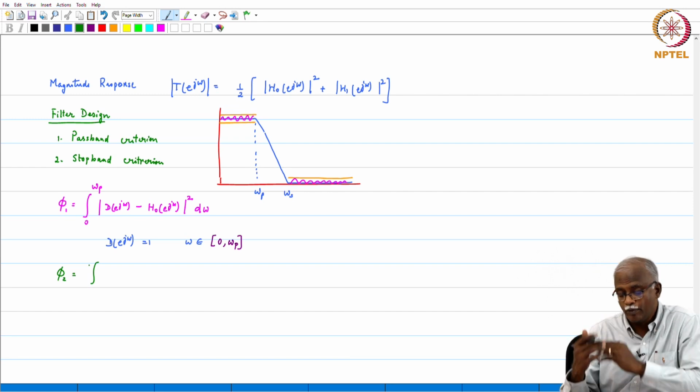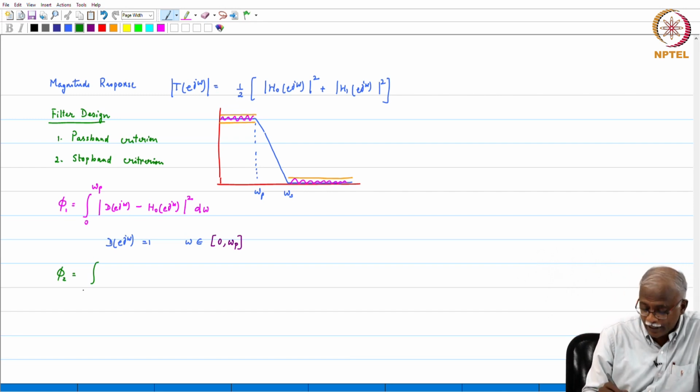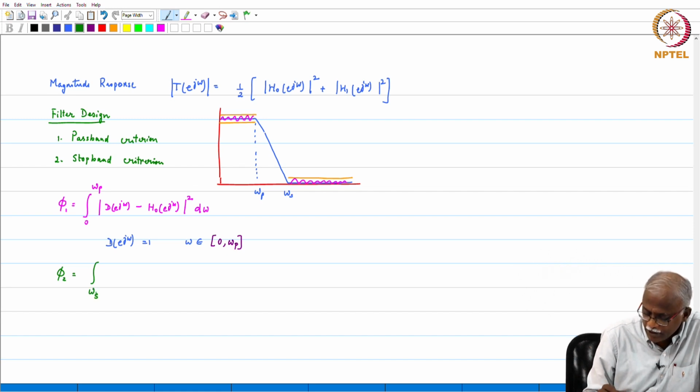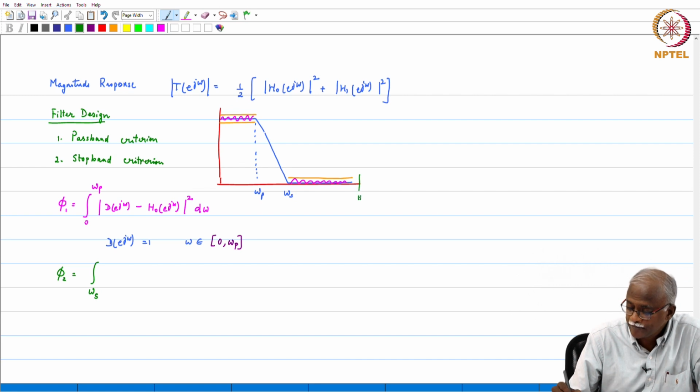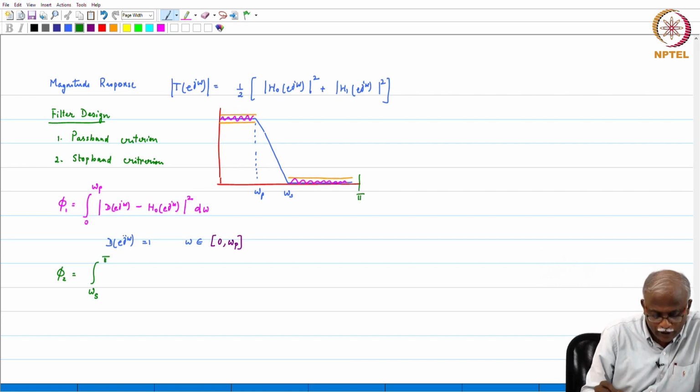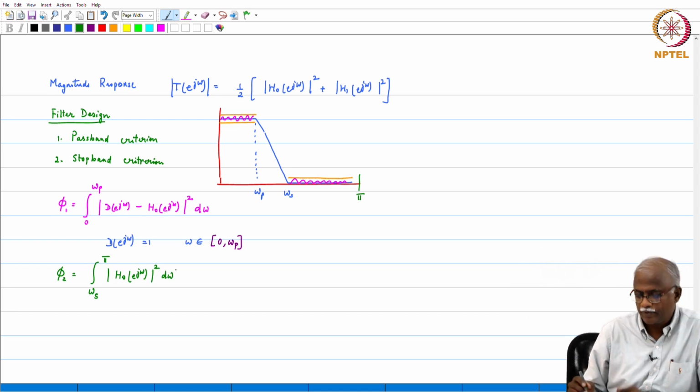We want that to be as small as possible, so that the filter will attenuate any signal in the stopband. This is given by the integral from the stopband edge all the way to pi of the magnitude response of the filter H0(e^{j omega}) magnitude squared d omega.